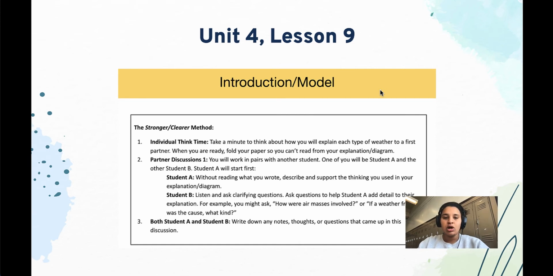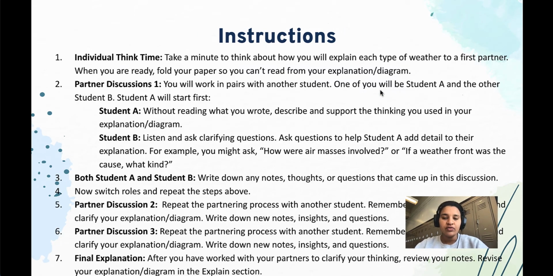Students are also asked to refine their answer using the Stronger, Clearer protocol, and the instructions provided are a little bit confusing. So this is a video that visually shows students what they are expected to do during this protocol. Again, this can be embedded into a lesson, or you can play this for your students if they are in person with you.